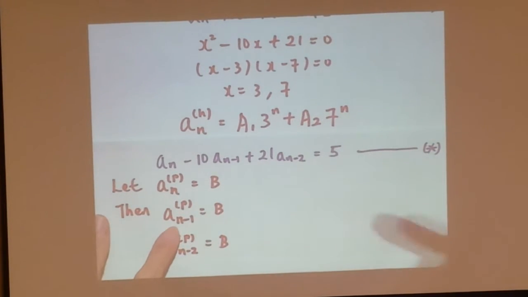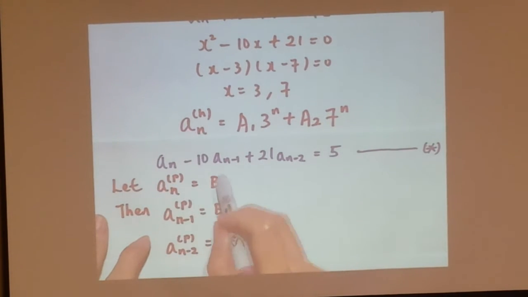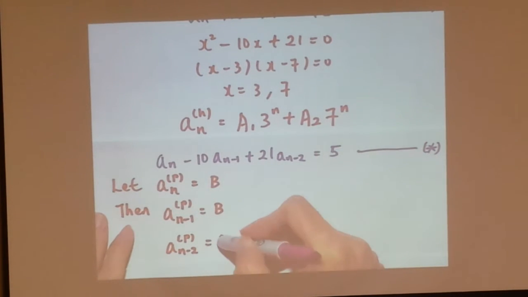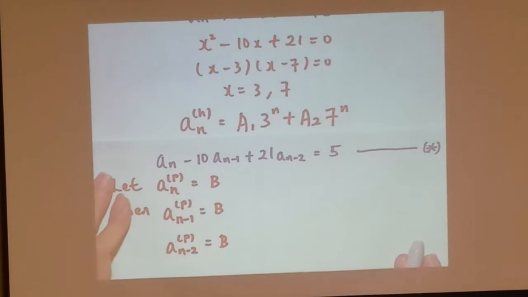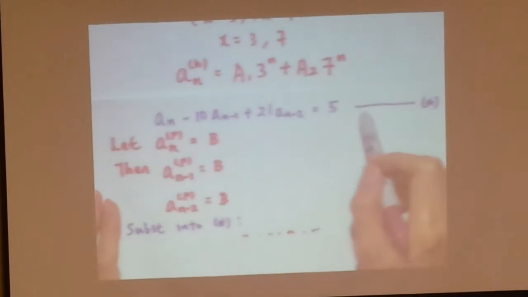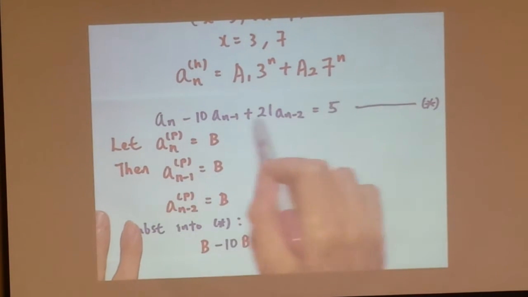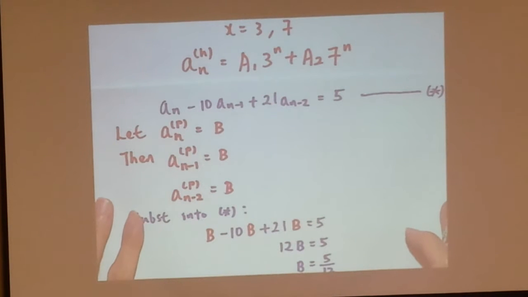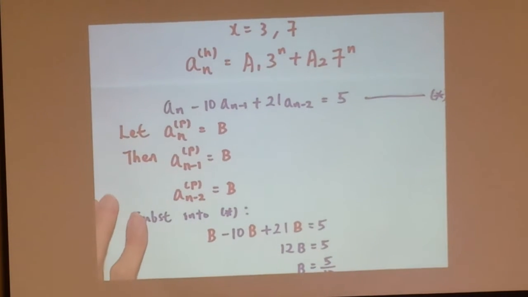Later, in the next example, you'll find that if the right side depends on n, and you write a_{n-1}^t, then you should replace your n by n minus 1. Because here it is a constant, if you lower the subscript, it's still b. Then you substitute these three into the equation star and solve for b. It tells you b is 5 over 12.